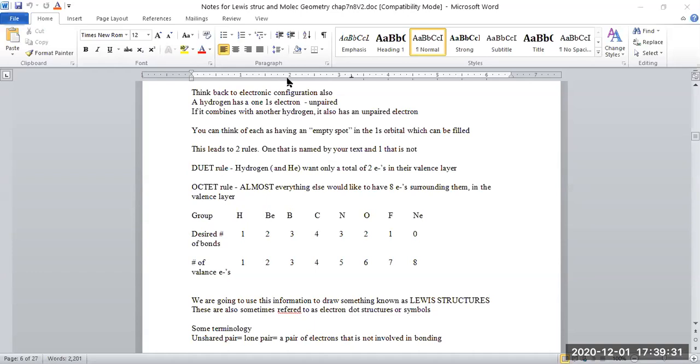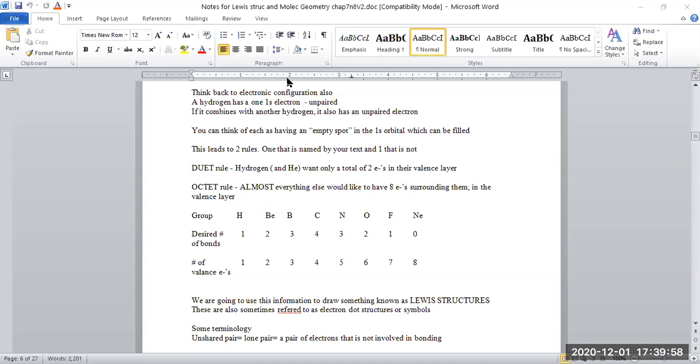They only have 1 valence electron, so it's easier to share or give away the one they've got than to go steal 7 more from somebody else. The beryllium column, which is the alkaline earth metals, is the same sort of situation. You've got 2 valence electrons in that column, and it is easier to give away the 2 you've got than to get 6 more.